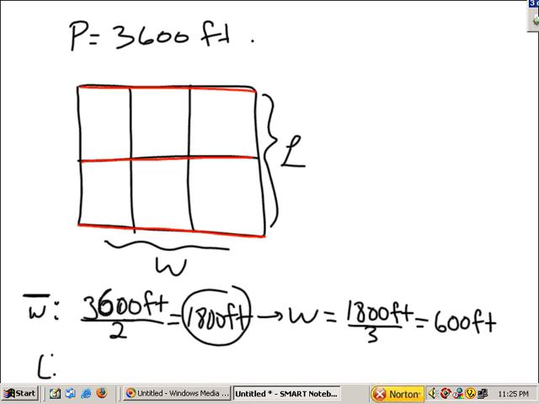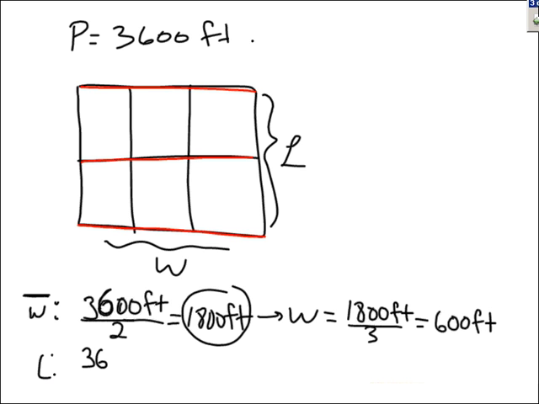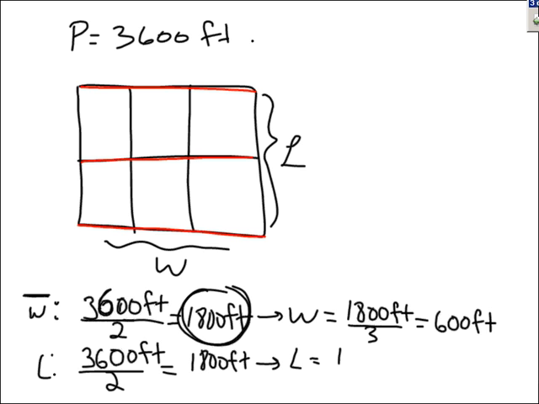Now, for the length, we also have the same 1,800 feet of fencing to use. Half the perimeter. It's always half the perimeter. Okay, now, what is the length? Well, it's going to be the 1,800 feet divided by how many pieces we need to go up and down.